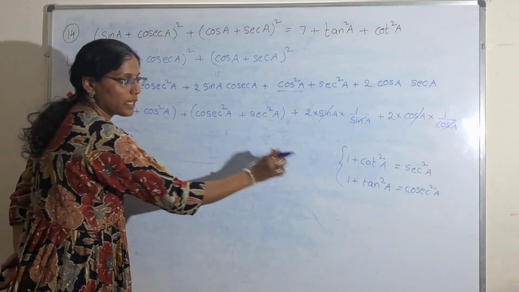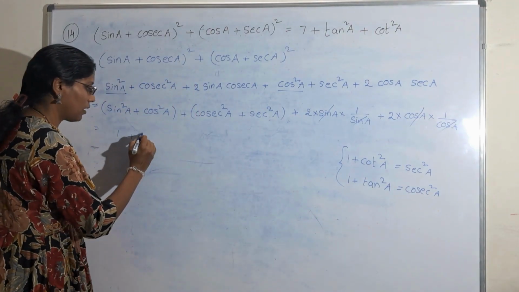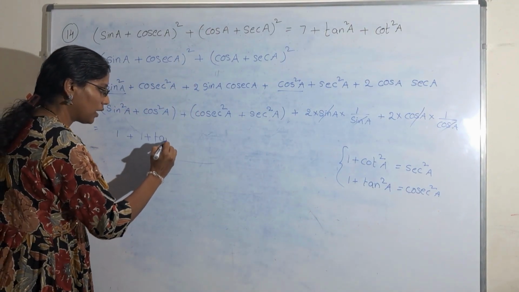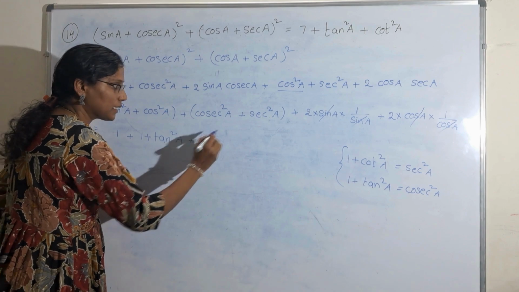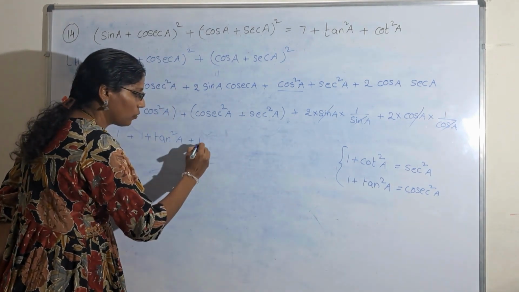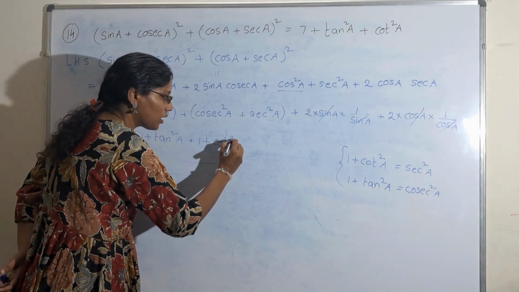So cosecant square A becomes 1 plus cot square A, and secant square A becomes 1 plus tan square A.